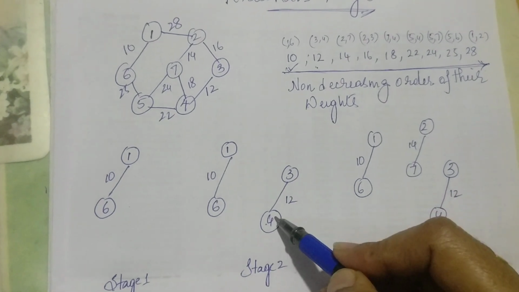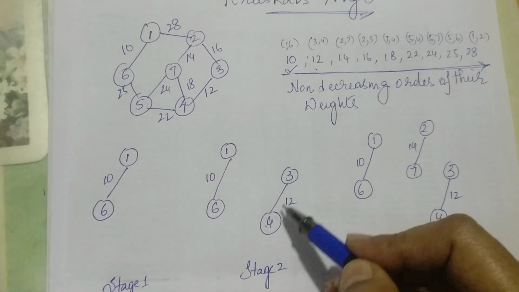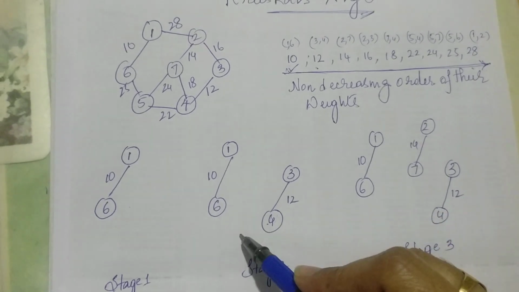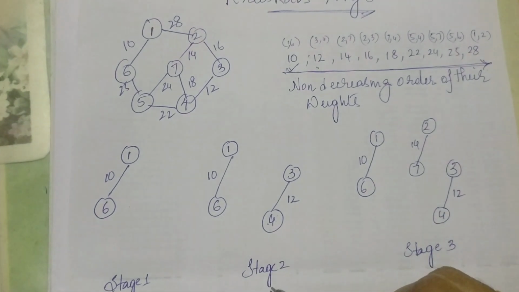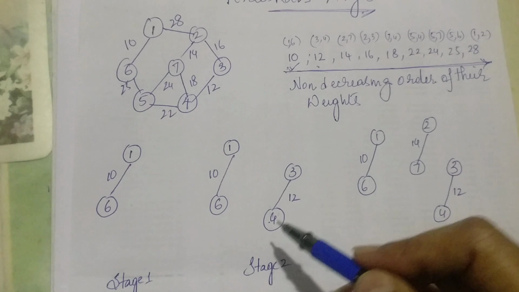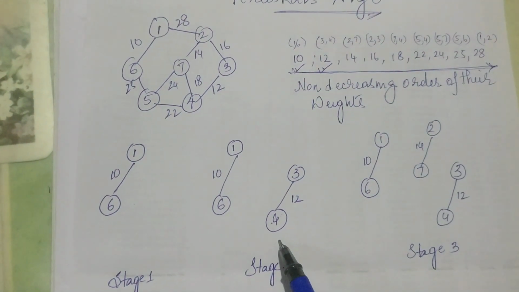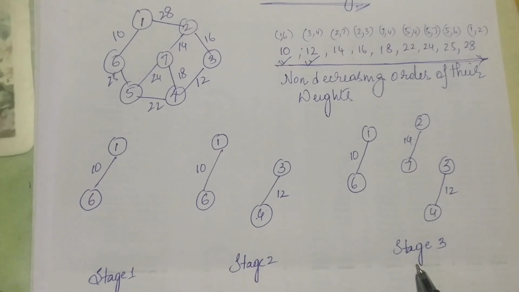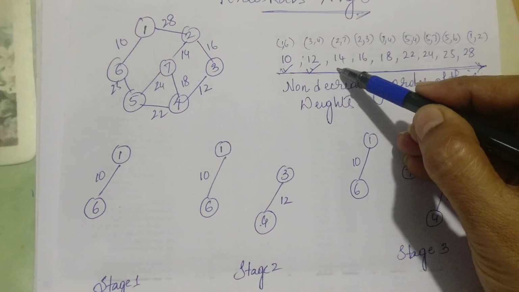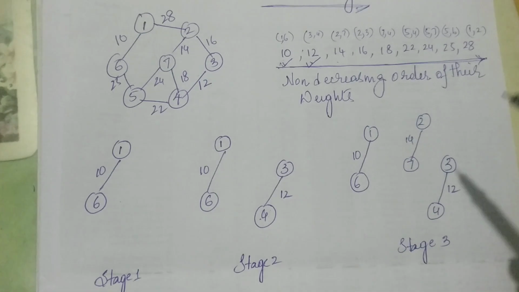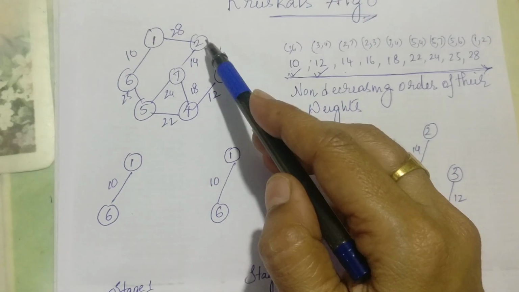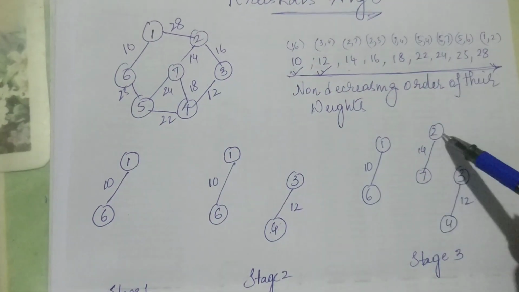After adding 3, 4, that is edge 12, to the graph, is it creating a cycle? Since it is not, I accept this edge as a part of the graph. In stage 3, I go for the next edge, that is 14. 14 is between 2 to 7.